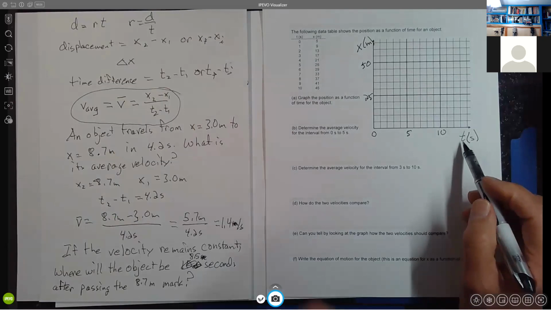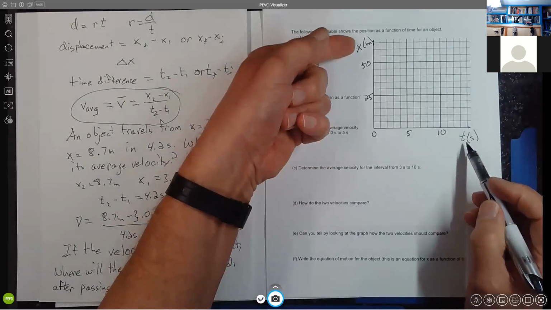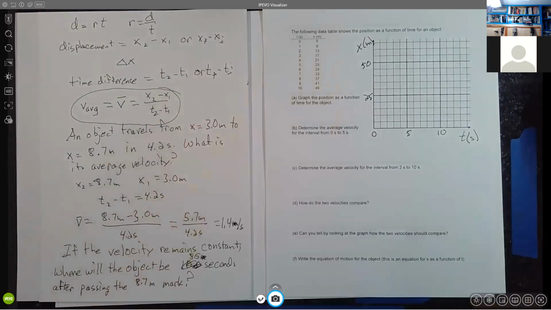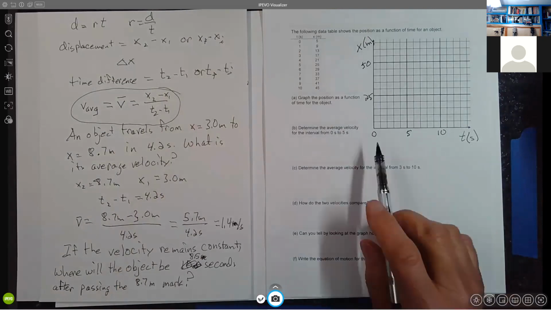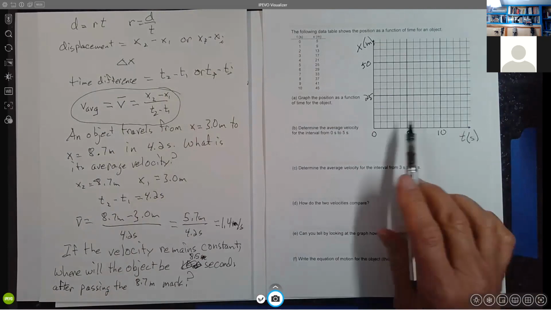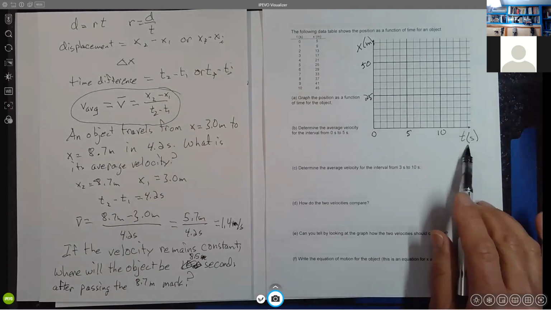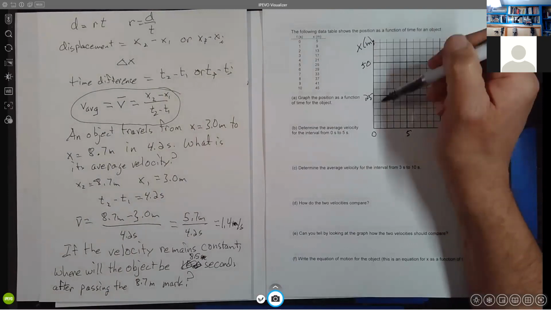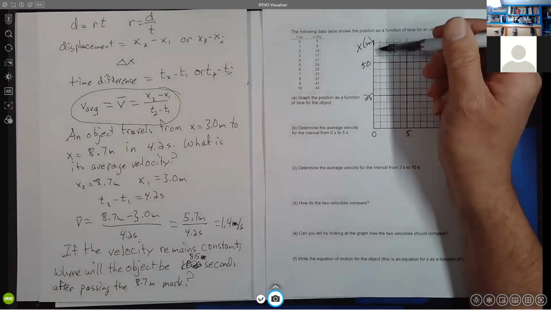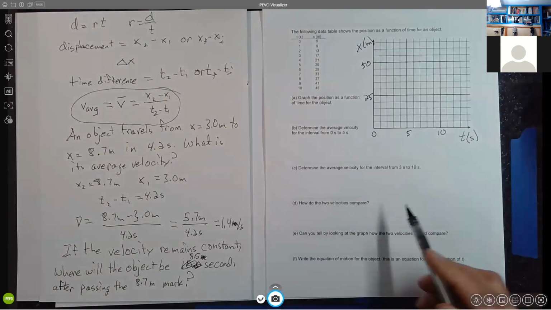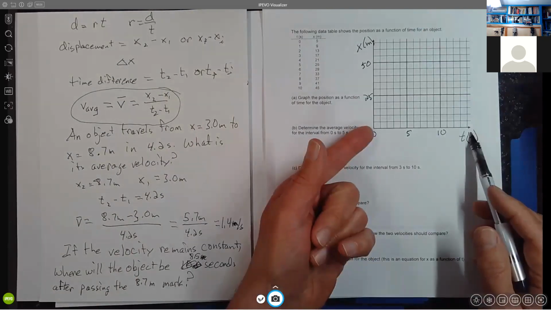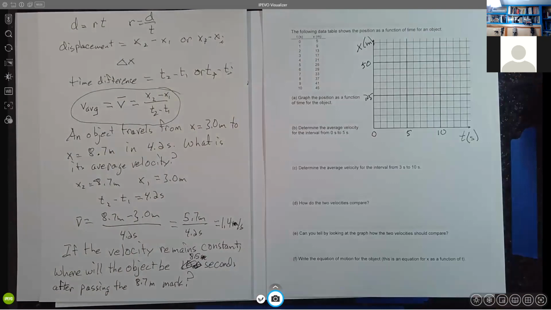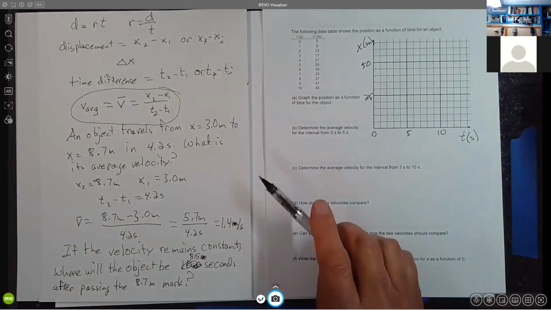I've got labeled axes with units, and I try not to call this horizontal axis the x-axis because it's not. It's the t-axis here. And I tend to not call this axis the y-axis because it's not. It's the x-axis. But this is a horizontal axis and that's a vertical axis. So it's better to think of it that way.